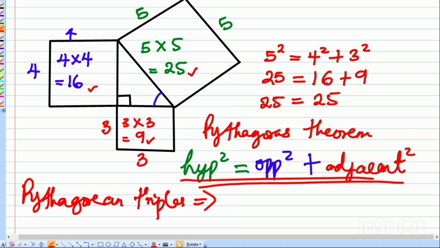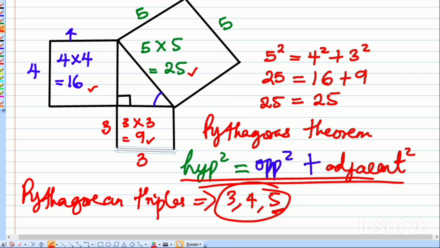Since 3, 4, and 5 obey this Pythagoras theorem, meaning the square of the longest side, which is 5, is equal to the sum of squares of the other sides, they are called the Pythagorean triples. So 3 sets of numbers that obey the Pythagoras theorem are called the Pythagorean triples.